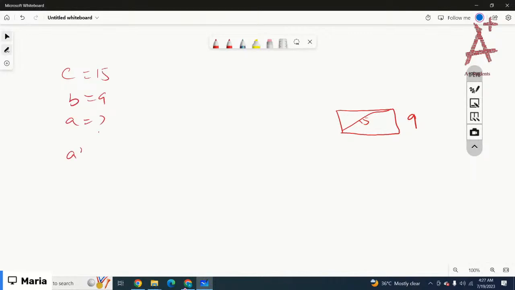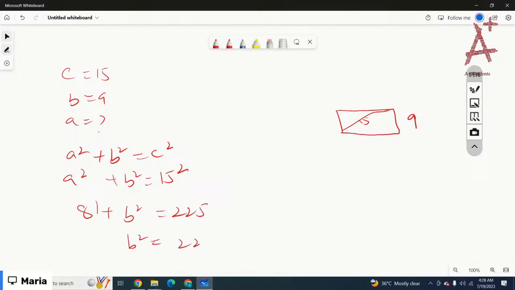A. It would be a square plus b square equals c square. 9 square plus b square equals 15 square. It would be 81 plus b square equals 225. Then b square equals 225 minus 81.